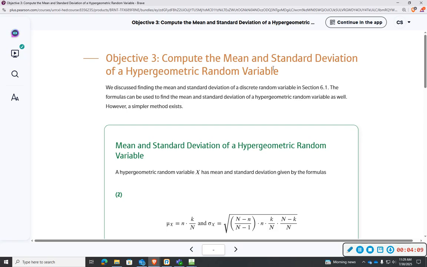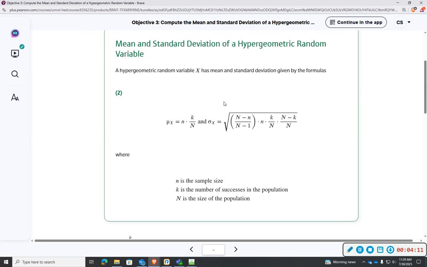We're going to compute the mean and standard deviation. So mean and standard deviation are these very strict formulas. The mean is just n times k over big N. So you just do that, you get the mean. Standard deviation is a little bit more complex. You have to take the square root of big N minus little n divided by big N minus 1.